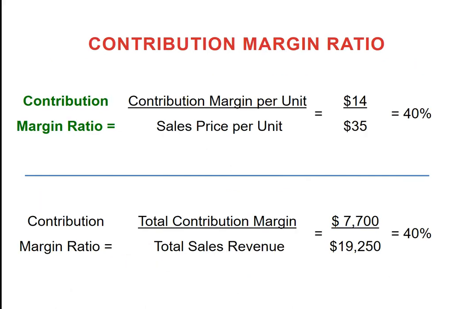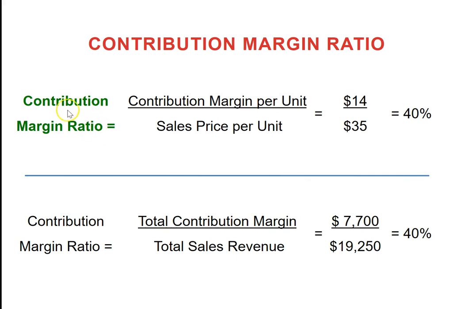Now you will learn another concept. It's also related to contribution margin, but we call it contribution margin ratio. That means we are expressing contribution margin in terms of a ratio of the sales, and for the formula you could use either per unit information or total information.